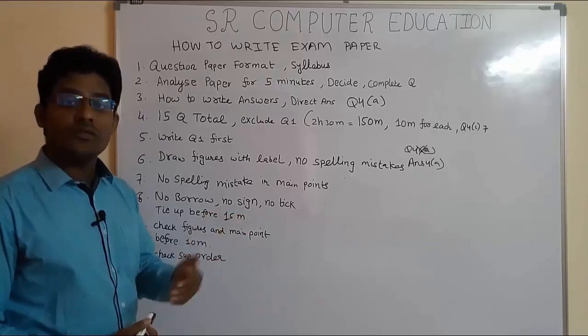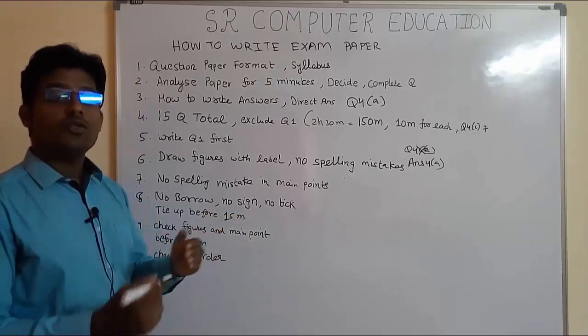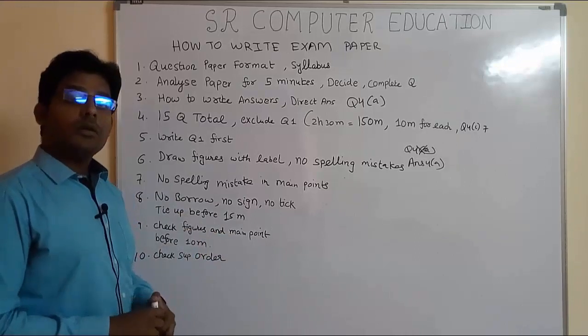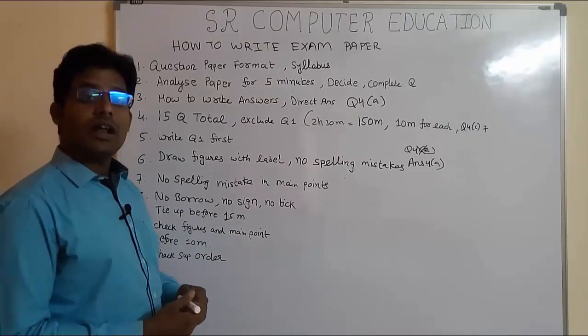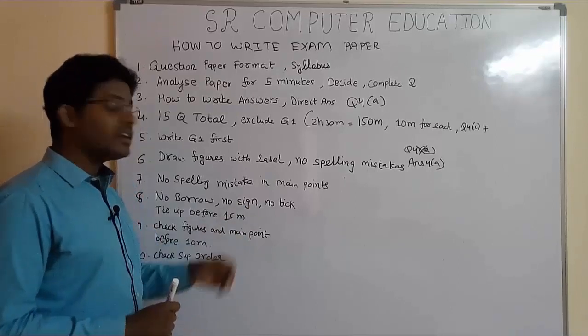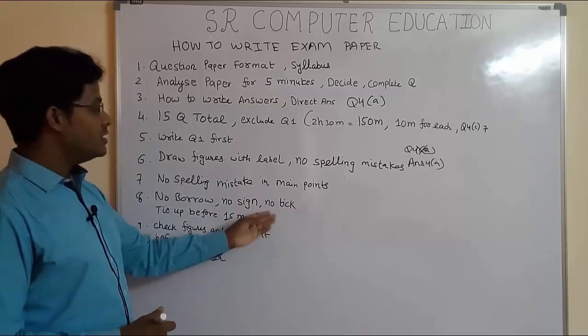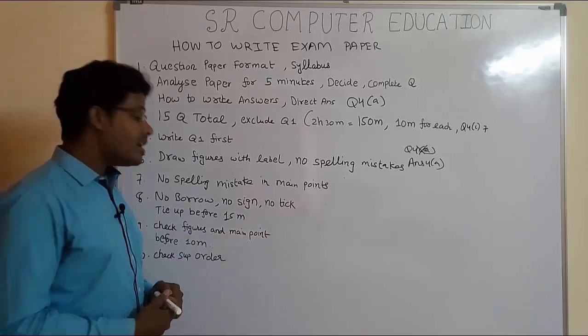So you know only question 1a, you don't know question 1b, so you are ticking on question 1a and telling the student sitting at the back that I don't know question 1b, you have to tell me. So this is the interpretation that the examiner is making.